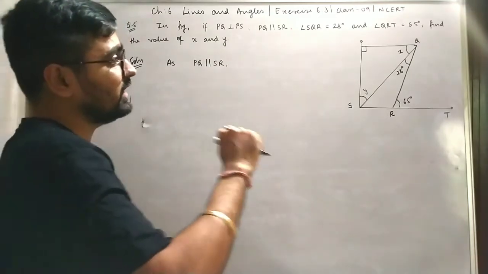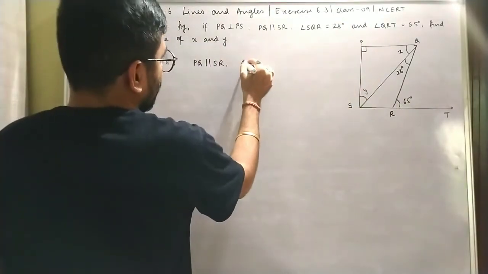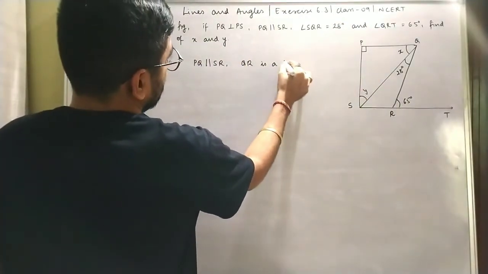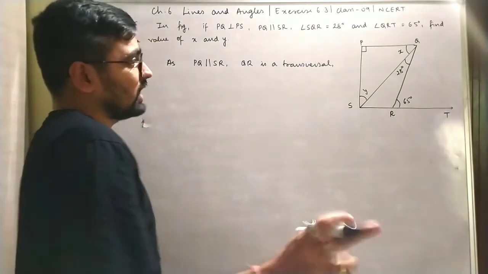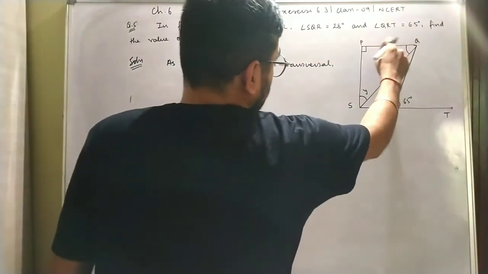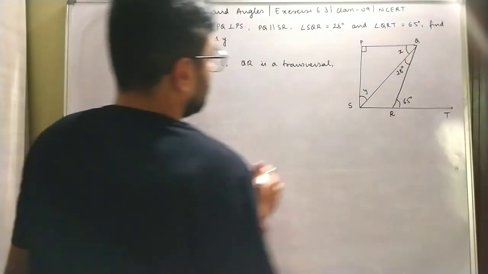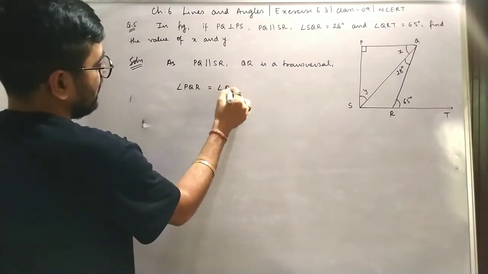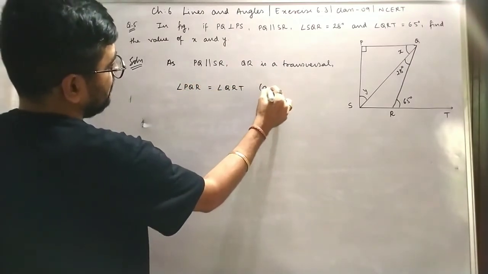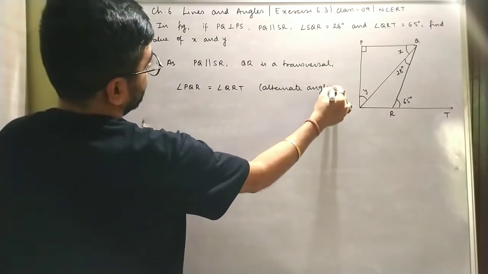Instead of that, what we can think is, let QR be the transversal. What are we going to do? QR is a transversal. If we call QR the transversal, then angle PQR and QRT will be equal. Angle PQR and angle QRT are equal because of alternate angles. Correct.